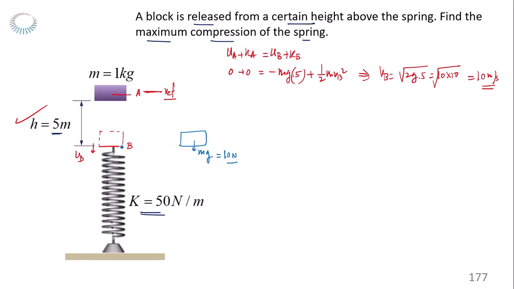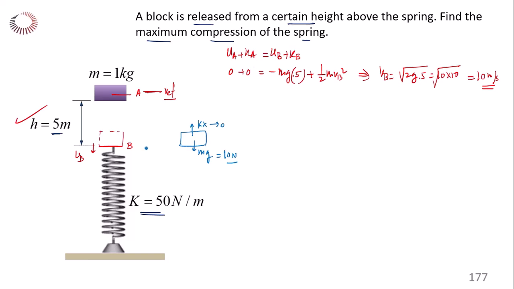Now once it starts to move from point B in the downward direction, the spring force will become active. Initially at point B, the kx is 0, because the spring has not started any compression. As the block is moving downward, the kx value will increase.